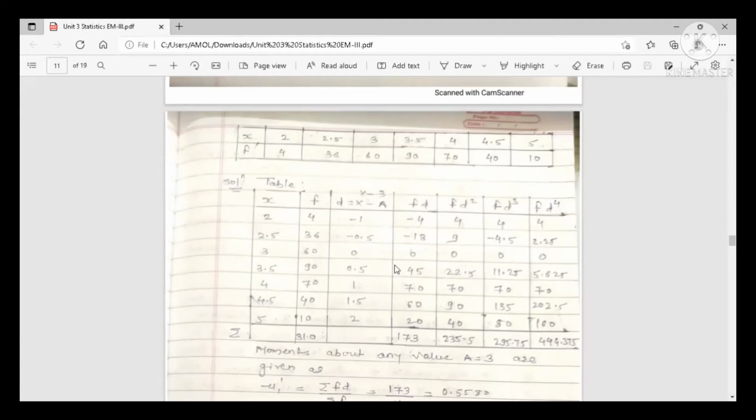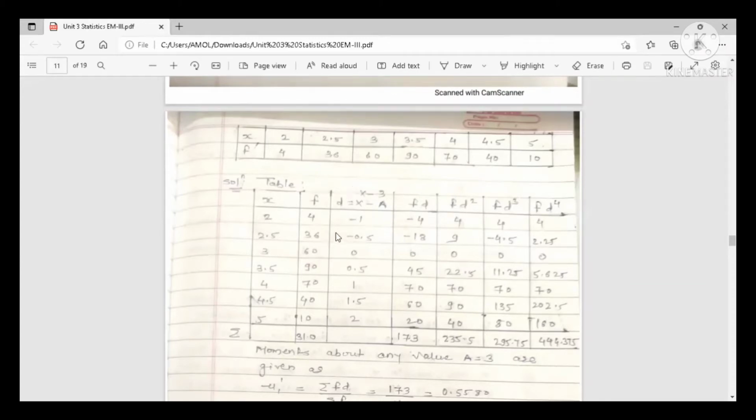Then the next column is F into D, the multiplication of the frequency column and D. Do the calculation here: 4 into minus 1 is minus 4, 36 into minus 0.5 is minus 18, and so on. Then F D square, that is F into D square.